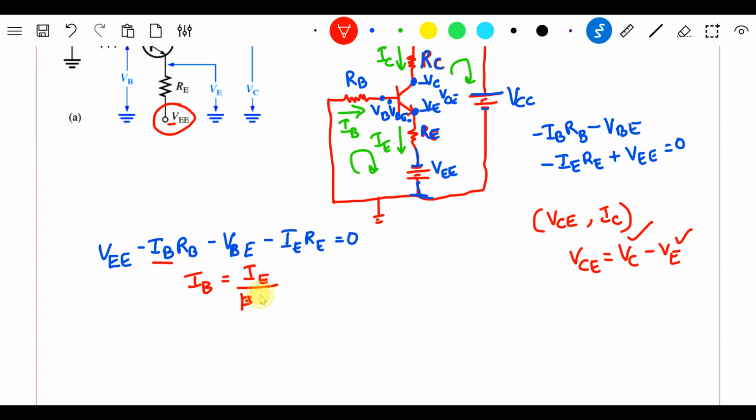This we wrote earlier in the previous biasing circuit. So IB can be written as IE by beta plus 1. I'll keep VE minus VB on the left hand side, and take these two terms, IERE added with IBRB, which I can write as IE by beta plus 1 into RB.